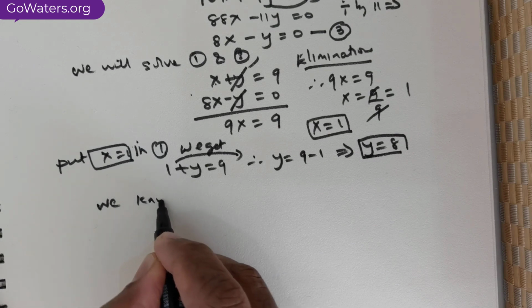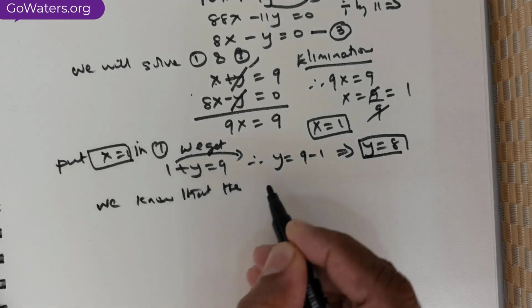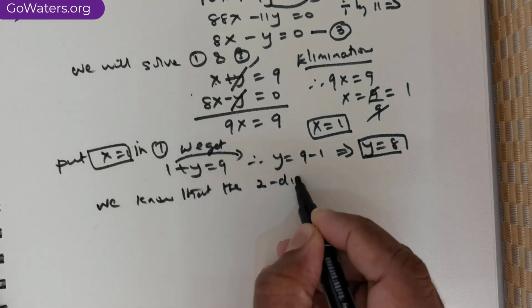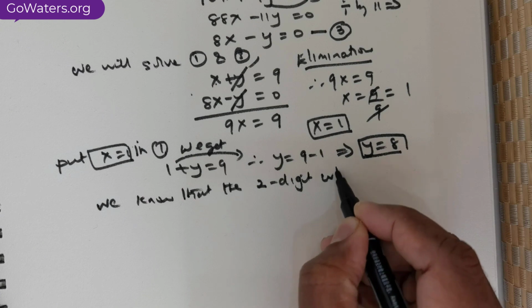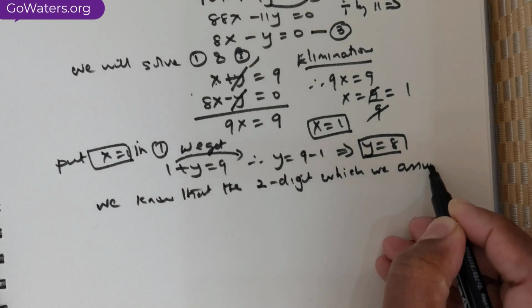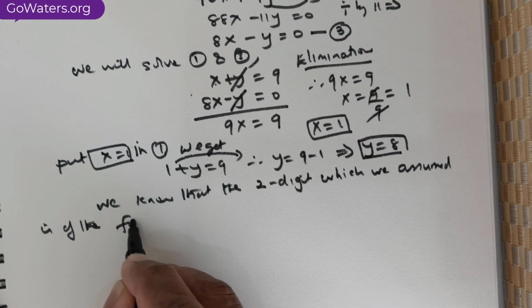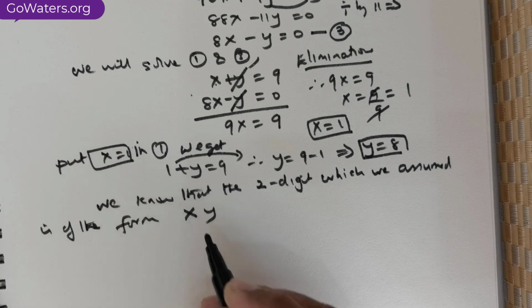Now we started with the 2-digit number. We know that the 2-digit number which we assumed is of the form x into y.